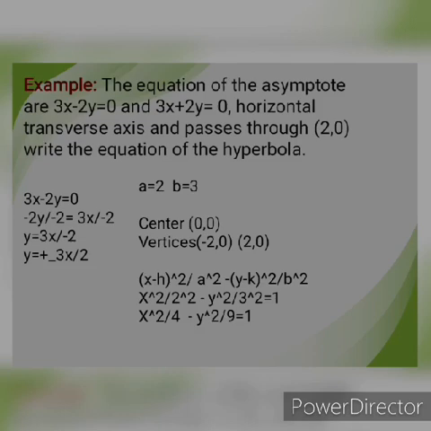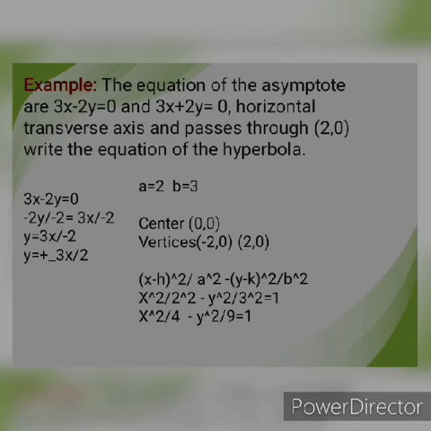We have 3x minus 2y is equal to 0, so negative 2y over negative 2 is equal to 3x over negative 2. After simplifying, we have y is equal to 3x over negative 2, so positive and negative 3x over 2. So our center is (0, 0) and our vertices are (-2, 0) and (2, 0).